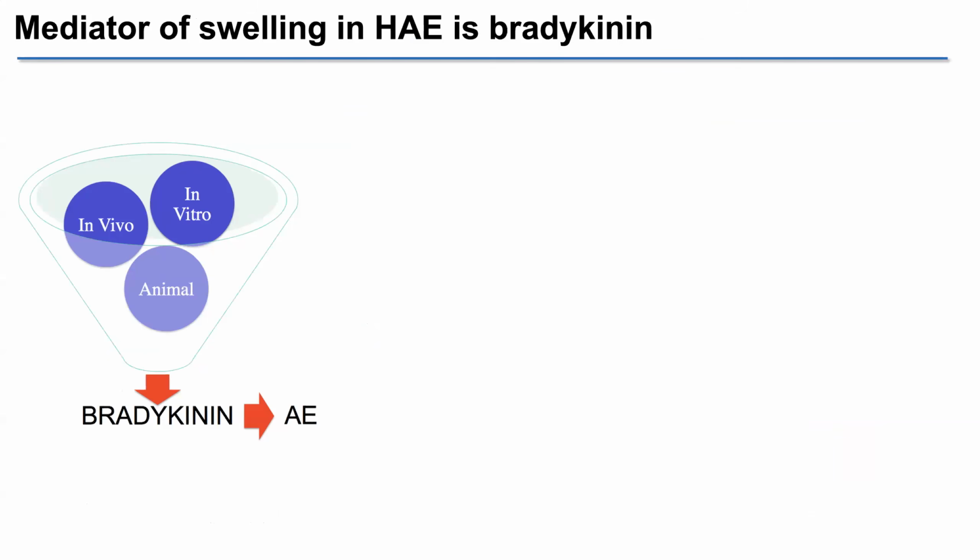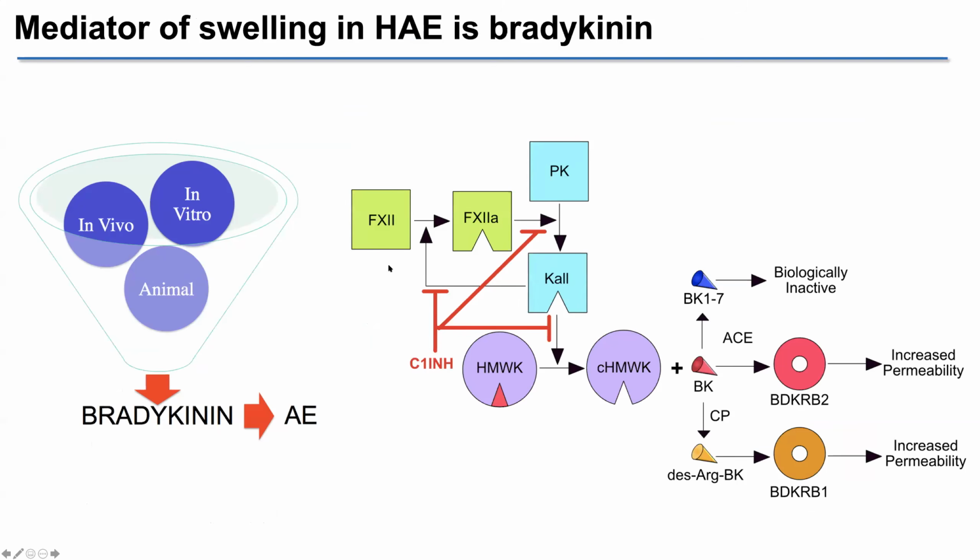The mediator of swelling and angioedema used to be highly controversial. We now know it's bradykinin, and bradykinin in HAE is generated through activation of the contact system, basically summarized in very skeletal form here.